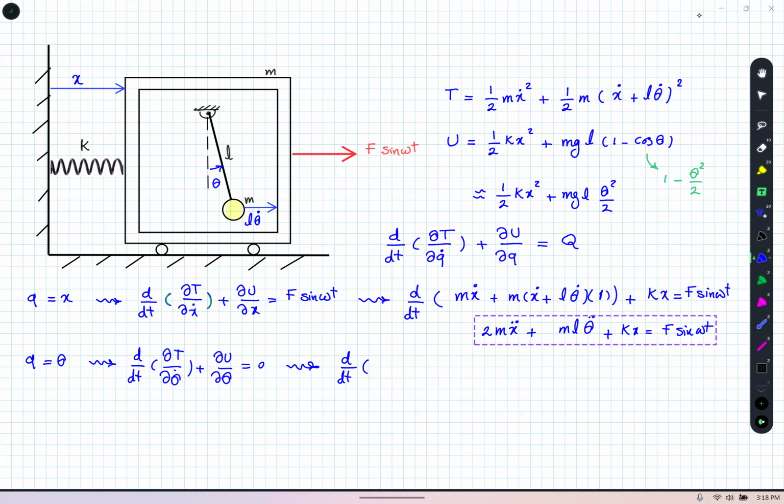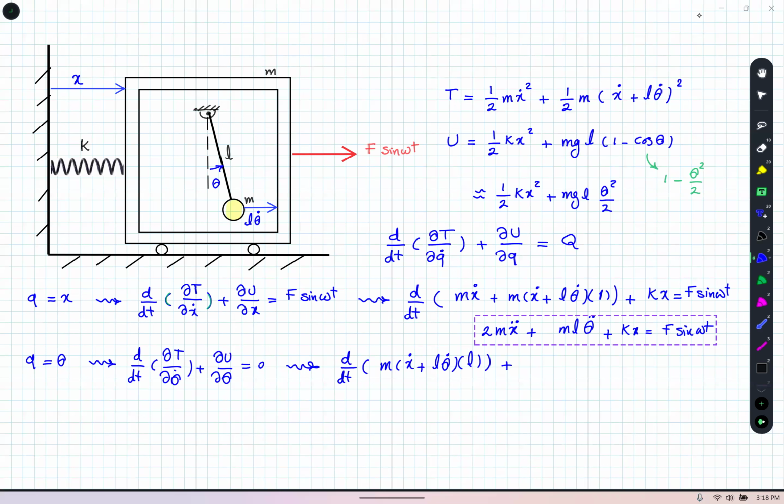Derivative with time, and the derivative of T with theta dot will be m x dot L plus m L squared theta dot, right? And then I have the inside bracket, which we need to be careful with, is m L. It's L.